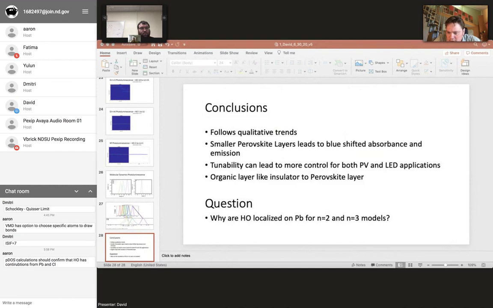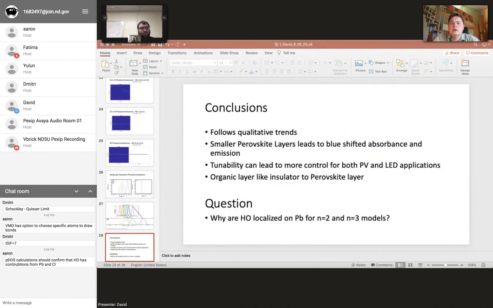Let's open the paper for discussion if there are more questions to David. I guess one general question I have is, have you done any sort of K-point sampling for any of your models?